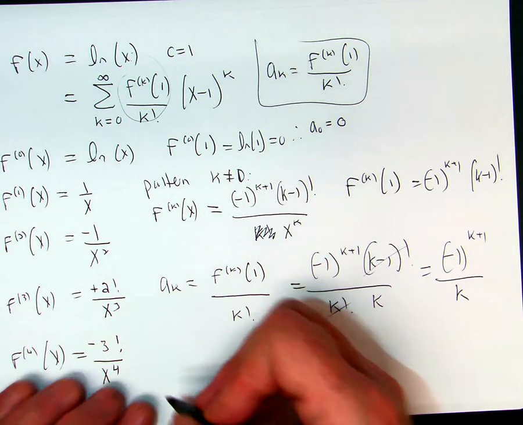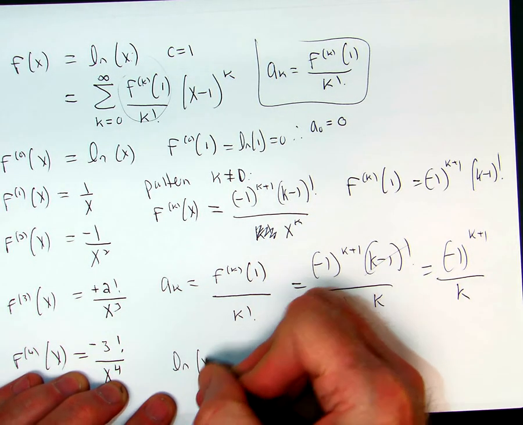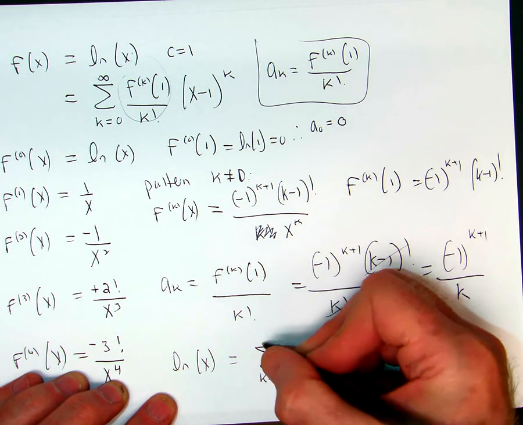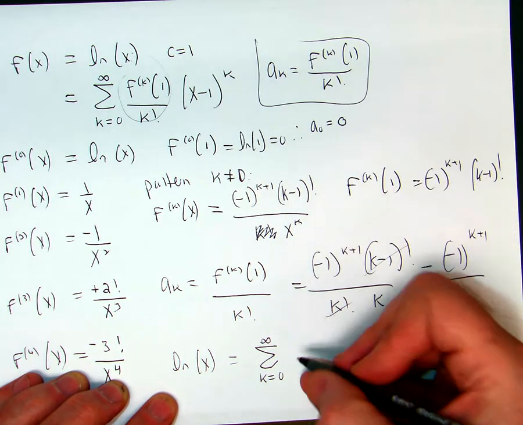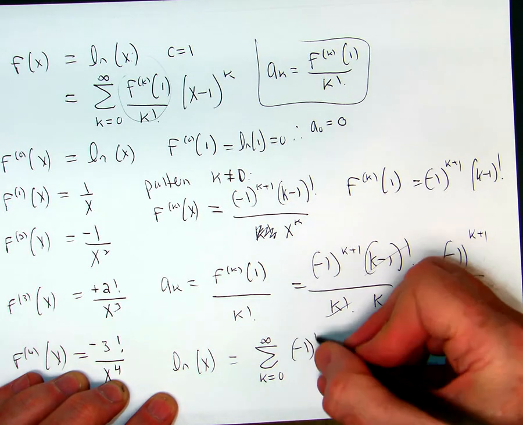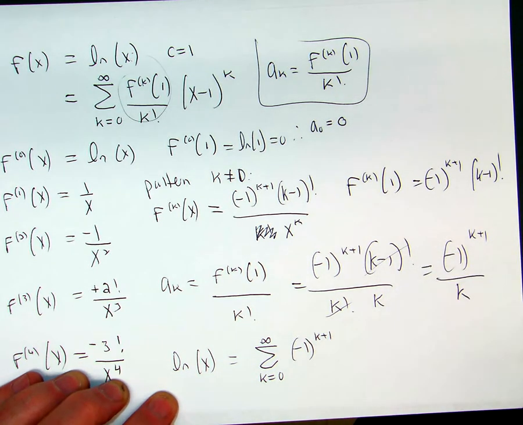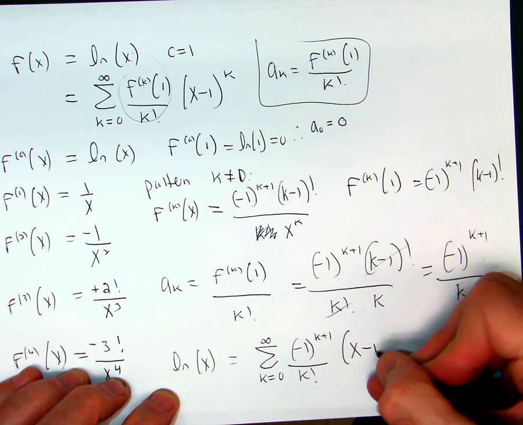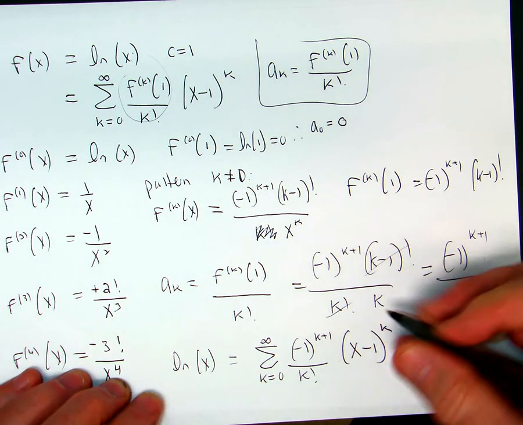So here's my series for the log. The natural log of x is equal to the sum from k equals 0 of ak, minus 1 to the k plus 1 over k, times x minus 1 to the k. So there's another version.